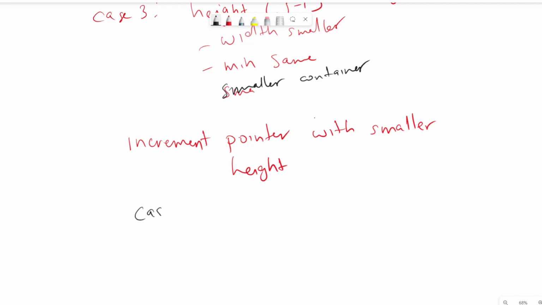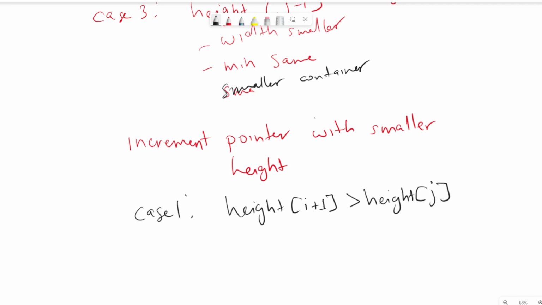Case 1, we get that height I plus 1 is bigger than height j.